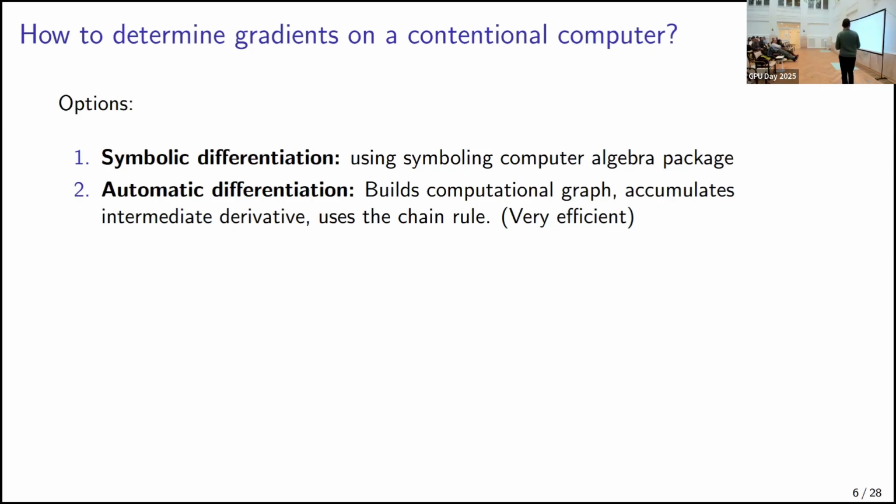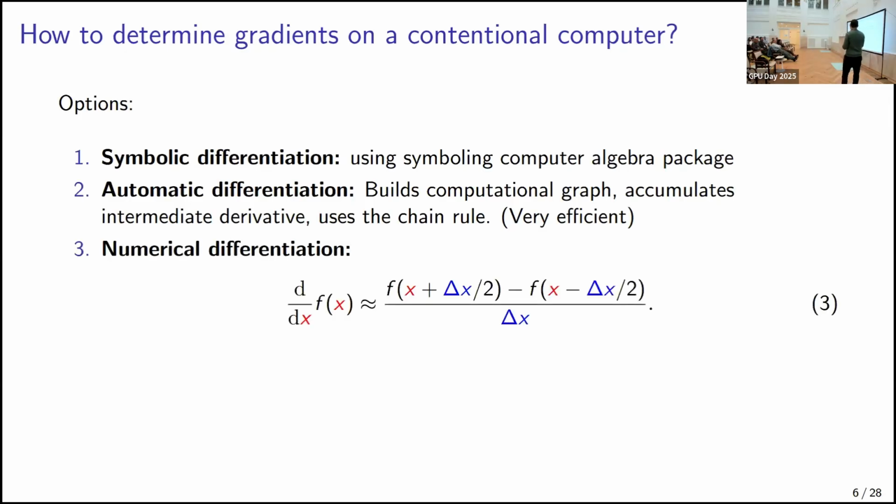It builds computational graphs, accumulates intermediate derivatives, uses the chain rule, and so on. And you can also do numerical differentiation. You just do small shifts in your function. You shift it to the left, you shift it to the right, and then you can estimate the derivative from this. That's great. Are these applicable to quantum circuits?